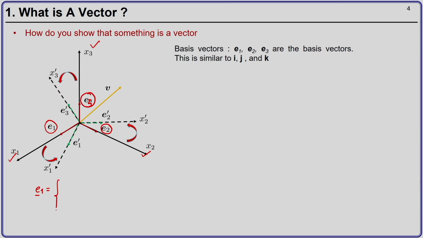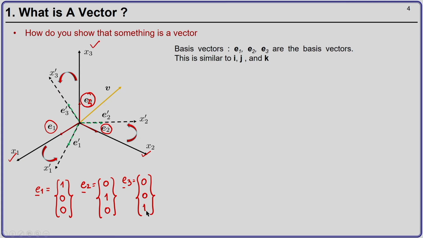So, what are the components of this vector? E1, E2, E3 are unit vectors. The components of E1 are 1, 0, 0. Similarly, the components of vector E2 are 0, 1, 0 and the components of vector E3 are 0, 0, 1.